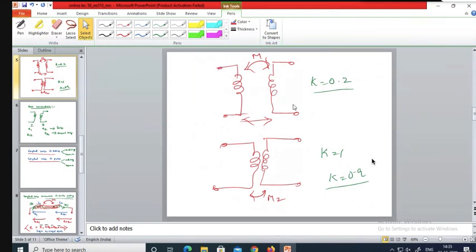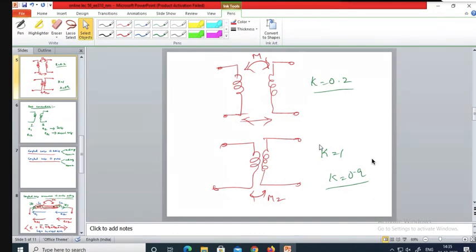The complete flux emanating from the first coil will not link the second coil. As a result, K is 0.2, very close to 0, so it is called loosely coupled. That is, only 20% of the flux generated links coil number 2, whereas here 90% or 100% of the flux generated in one coil links the other coil.